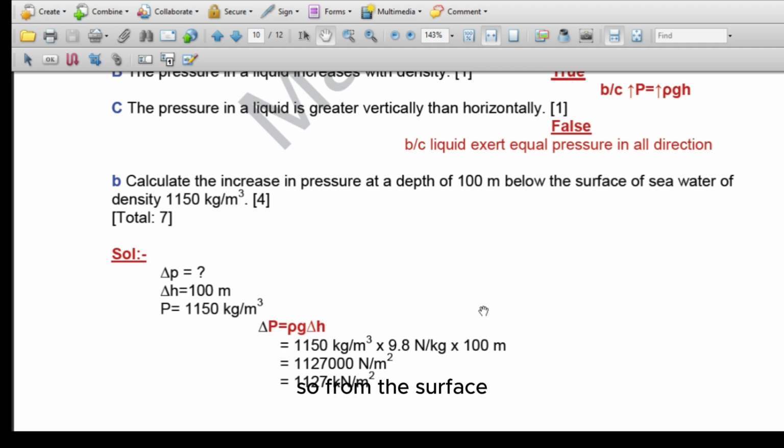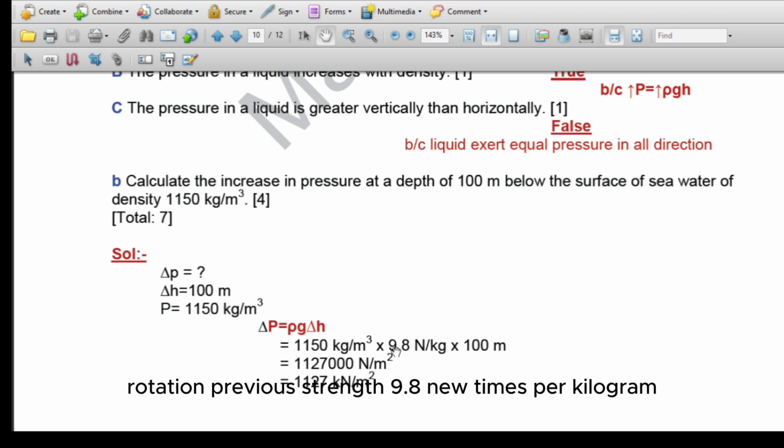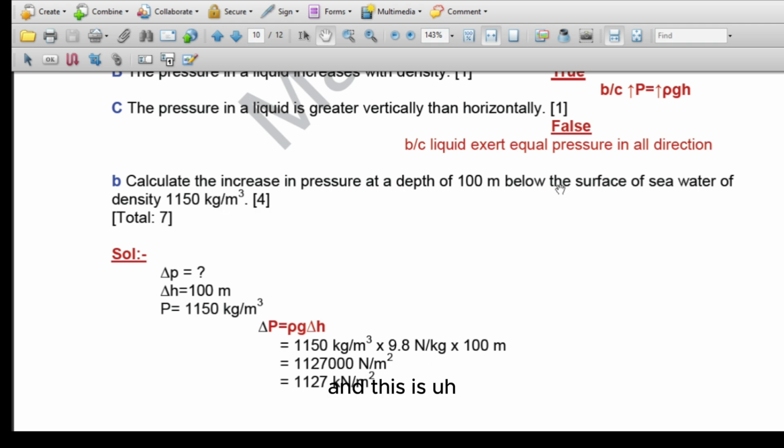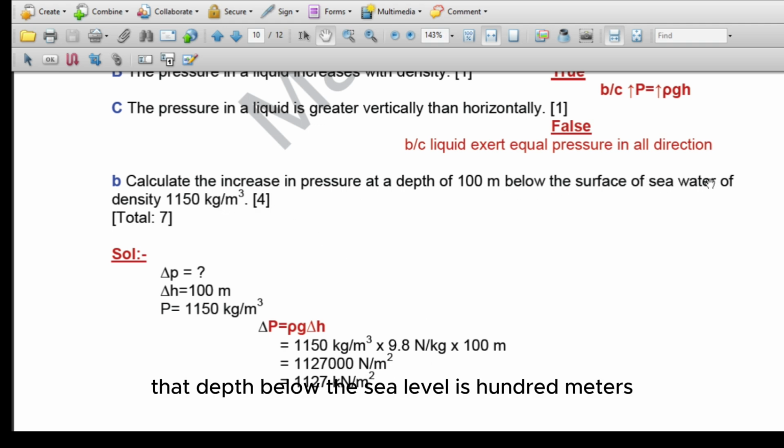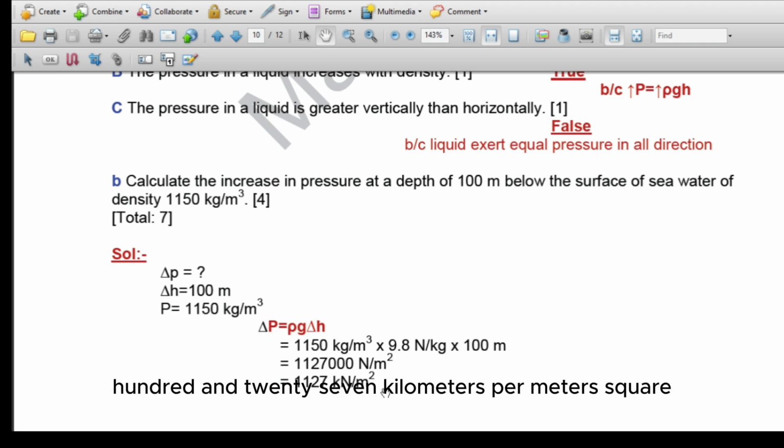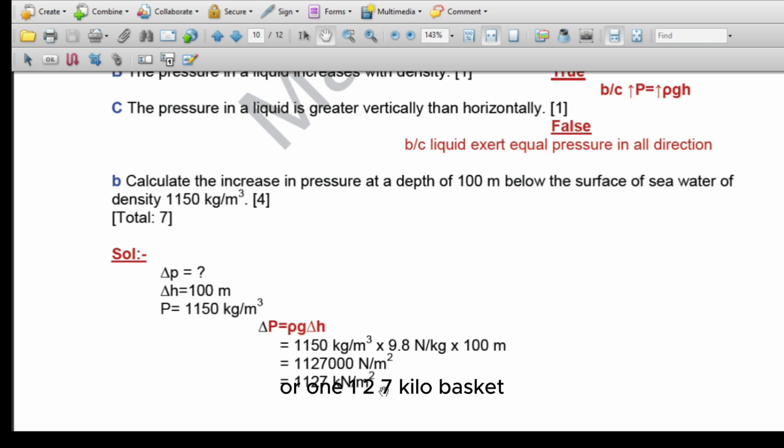From the surface we are going 100 meters below sea level, and rho is 1150 kilograms per meter cube, g is the gravitational field strength 9.8 newtons per kilogram, and the depth below sea level is 100 meters. On multiplying we have obtained 1127 kilonewtons per meter square, or 1127 kilopascal.